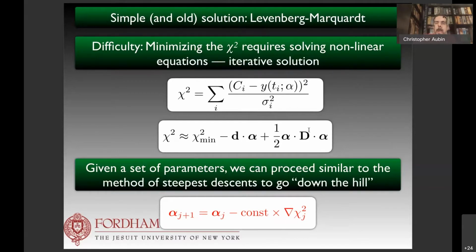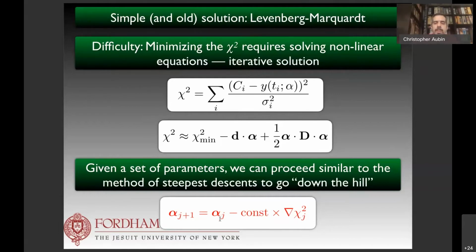Then this capital D is the second derivative of the chi-squared. In this case, we will still need that as well in order to ensure that we're going down the hill. And so if we want to do this, we can basically use something like the method of steepest descents, which you may have heard in some of your classes.